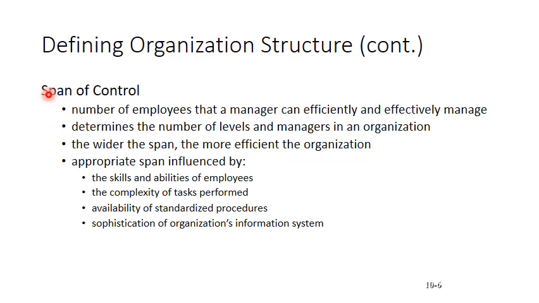Determining the span of control is important because to a large degree it determines the number of levels and managers in the organization, an important consideration in how efficient an organization will be. All other things being equal, the wider or larger the span, the more efficient an organization will be.